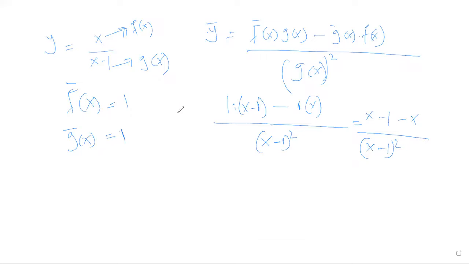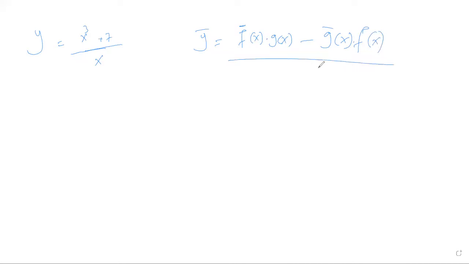Let me write y prime here. The x and the negative x cancel each other, so y prime is equal to negative 1 divided by x minus 1 squared. This is our final answer. Thank you very much for this. Let me do another one.